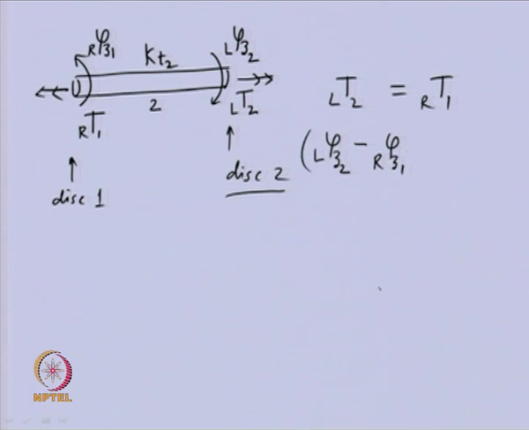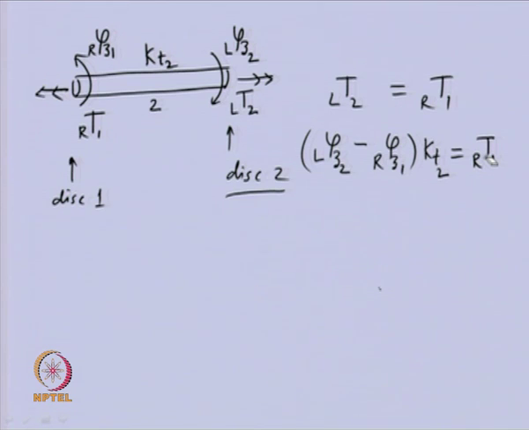This is the relative twist. If we multiply this by the torsional stiffness of the shaft, we expect this should be equal to the torque, one of the torques, right side of 1. So, relative twist times stiffness gives us the torque.